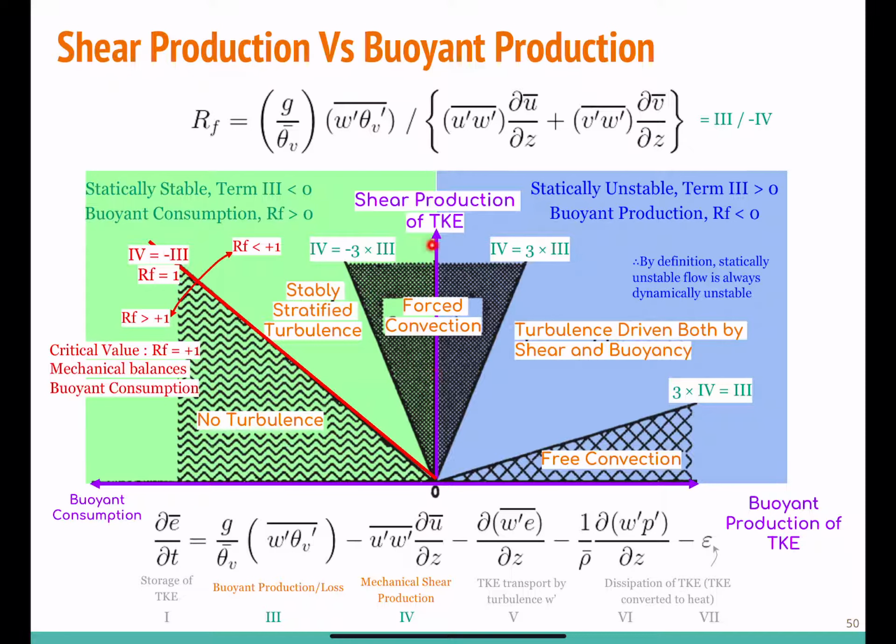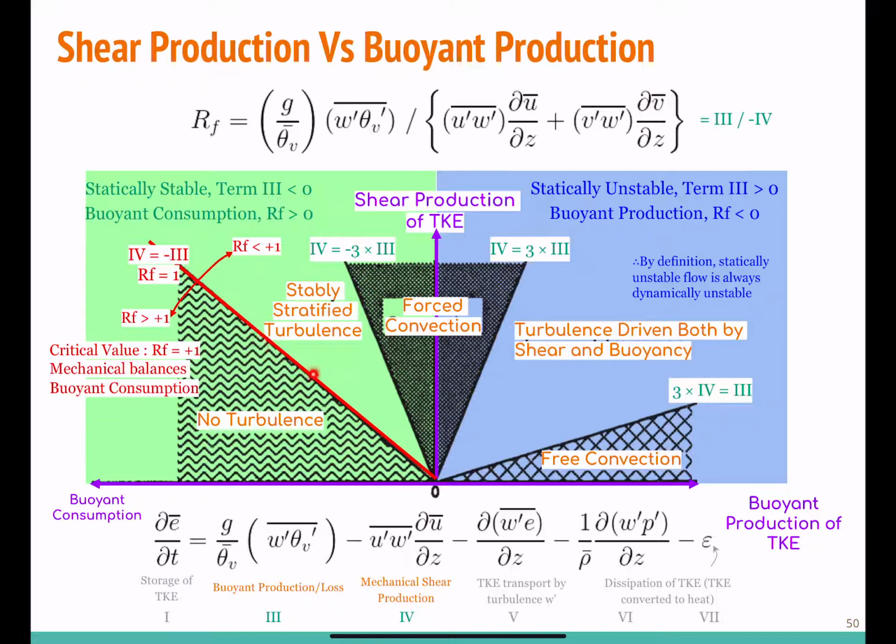In here we have the positive shear production, and then we have the positive buoyant production over this side, and then the negative buoyant production, or buoyant consumption, over this side. So on this line, it's telling us that the condition is very, very stable, statically stable, and there's no turbulence in this zone.